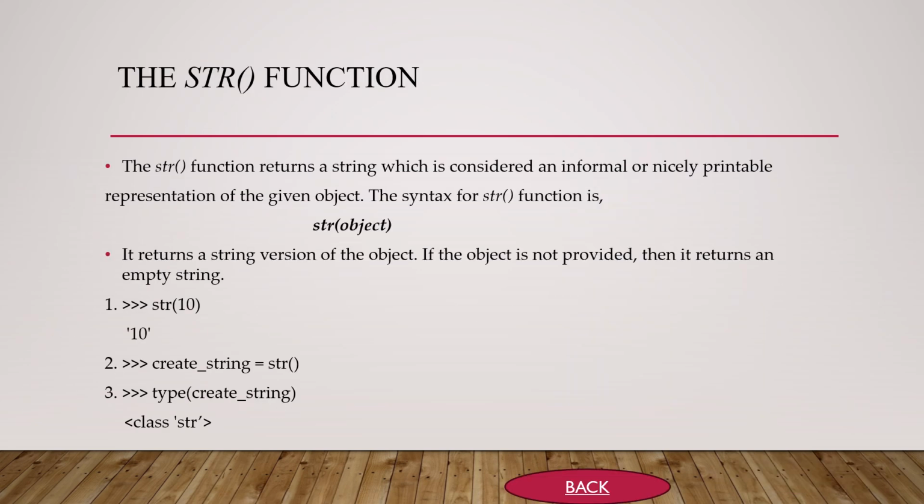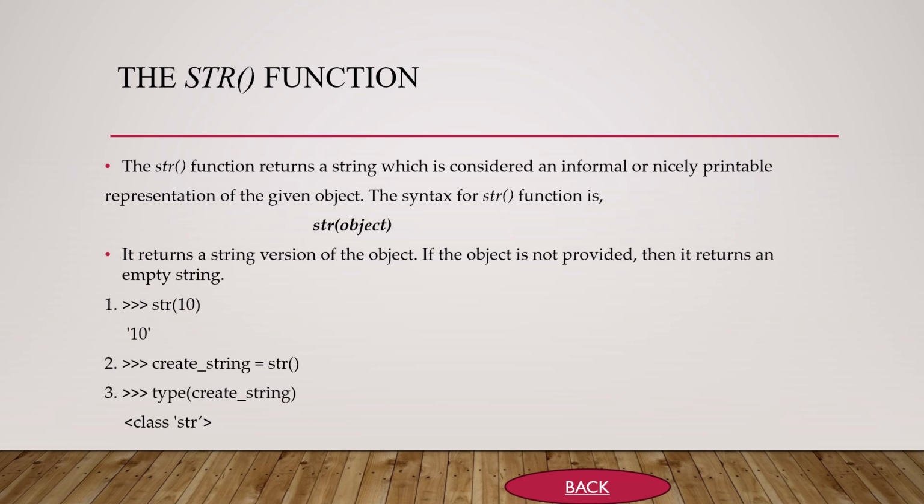The str function in Python is a built-in function, and it is used to convert an object into its string representation. It is a versatile function that can handle various data types, including integers, floats, booleans, lists, tuples, and even custom objects.